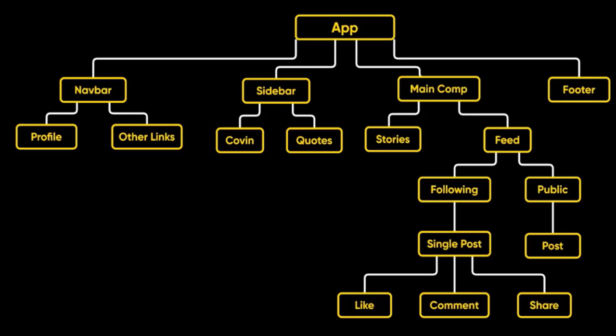It is hard to pass the data from app to main, then from feed to following, one by one to a single post. So the reason we use useContext is to store the data in the parent and access it in all components. Wherever we want, we can access that global data.